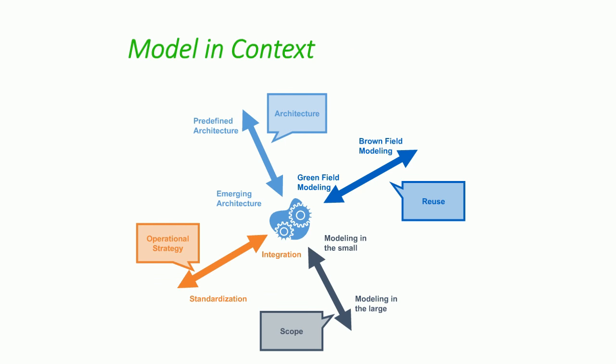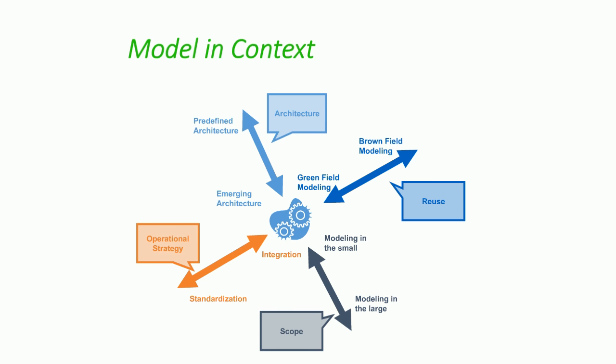So when I'm talking about modeling in context, I'm really talking about looking at different aspects that affect how you will model, basically. So from an architectural point of view, you may be in a situation where you have a predefined architecture and you have to model to align to this architecture.